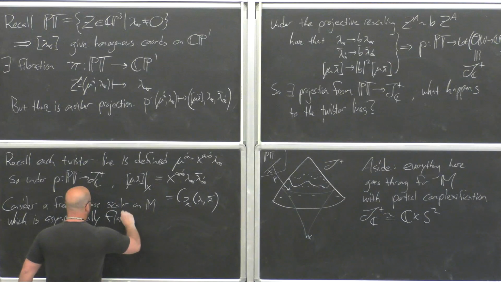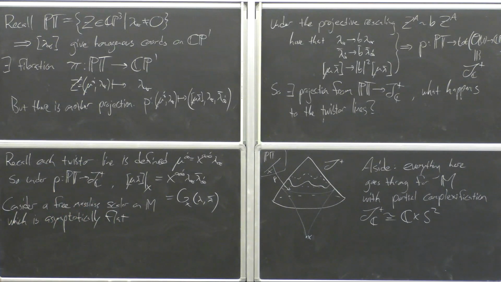And by asymptotically flat here, I mean compatible with this Bondi-Sachs expansion that we wrote down. What that means is that the conformally rescaled massless scalar, remember these things always have conformal weight -1. So my conformal factor was big R, so that's where the -1 is coming from here.